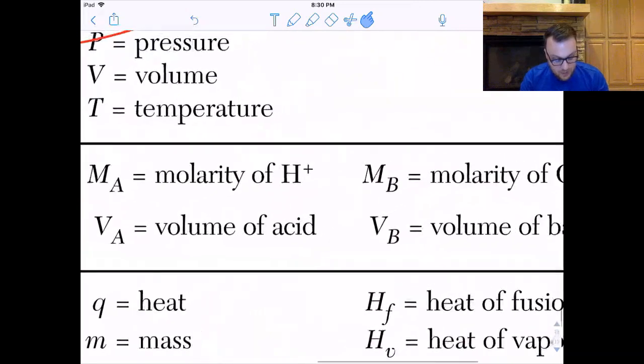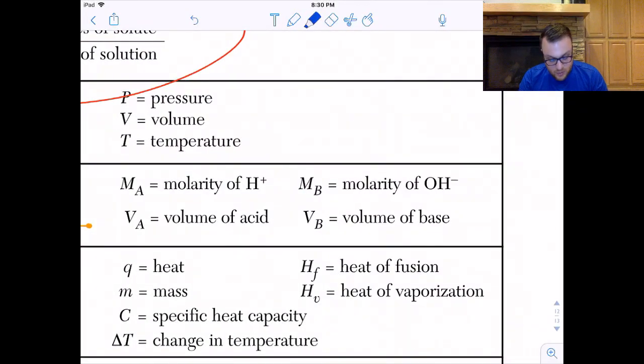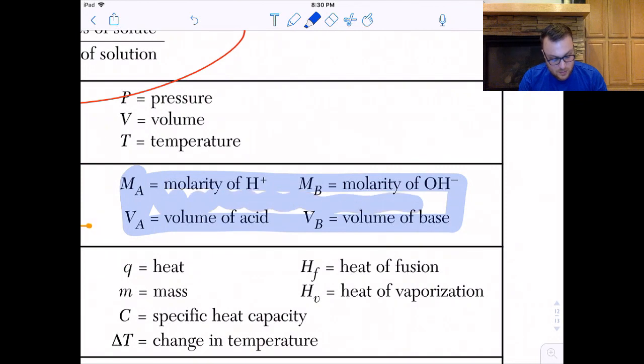A is all about the molarity of your acid and the volume of your acid. B is always about the molarity of your base and the volume of your base. So, for example, and then I think we'll call it a night.